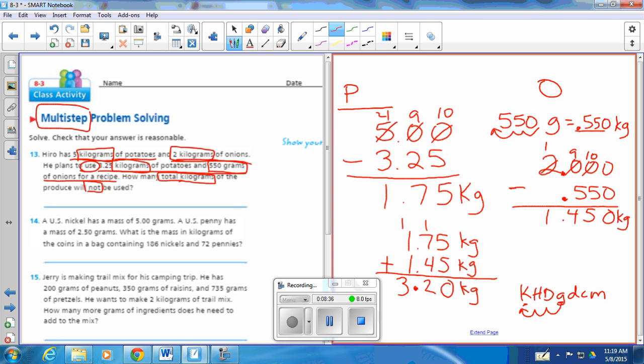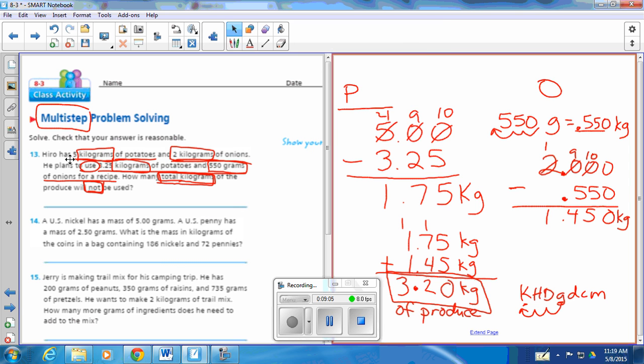Just checking myself. Now it asks us how many will not be used. We have that, and it asked for it in total kilograms. Are we in kilograms? Okay, so we don't need to convert anymore. So this would be our final answer. Okay, so we could have 3 and 20 hundredths kilograms, and our label would be of produce.